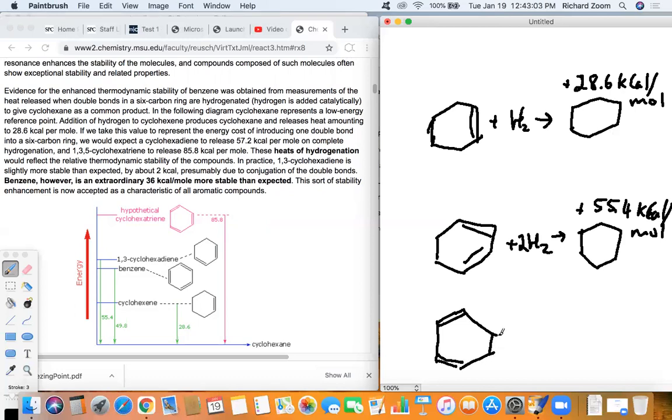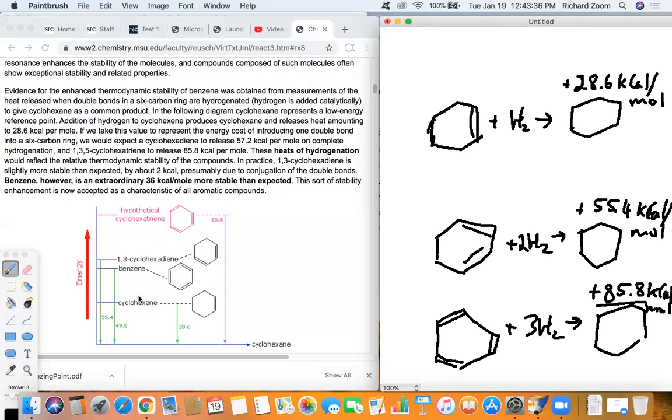So if this compound existed and the double bonds were not in resonance, it would be plus 85.4, which is about three times, or 85.8 kilocalories per mole. Now, this doesn't exist, by the way, but if it did, that's what we would expect from it.